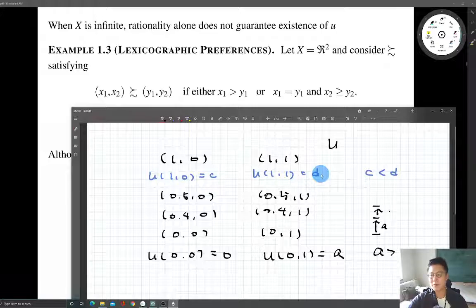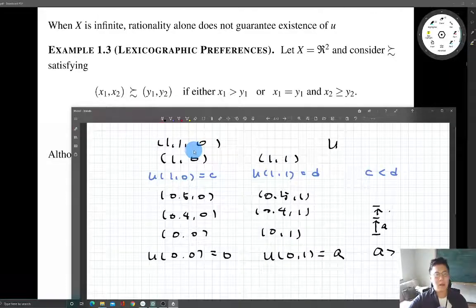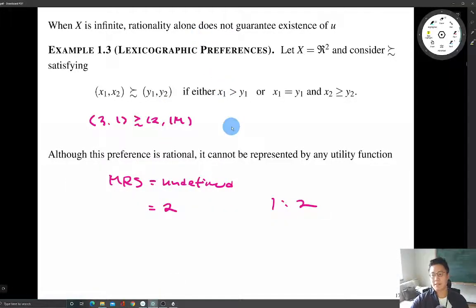So this number d will approach infinity. We can't help assigning an infinite number to (1,1), right? Then what about (1.1, 0)? That is better than (1,1), right? So we can't assign some real number to the next bundle. That's why lexicographic preference has no utility function.